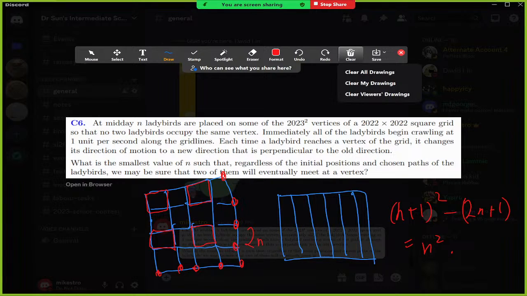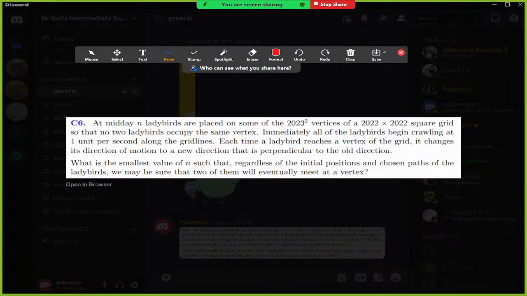Alright, I'm gonna try some small cases here. What's like a small case? 4 by 2 by 2? Did we do that already? Wait a minute.